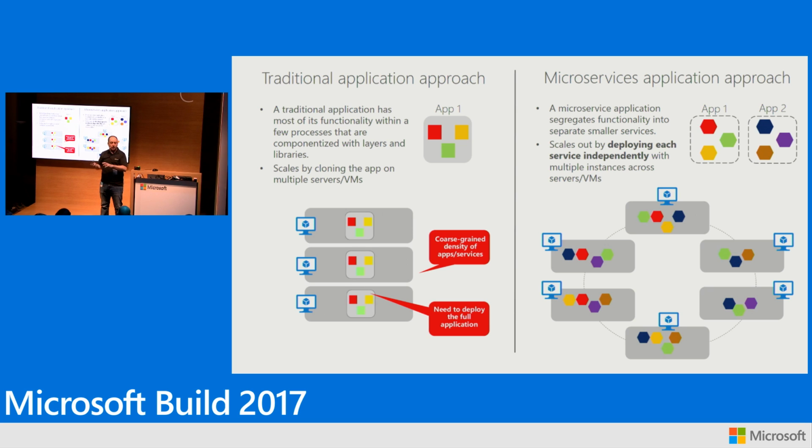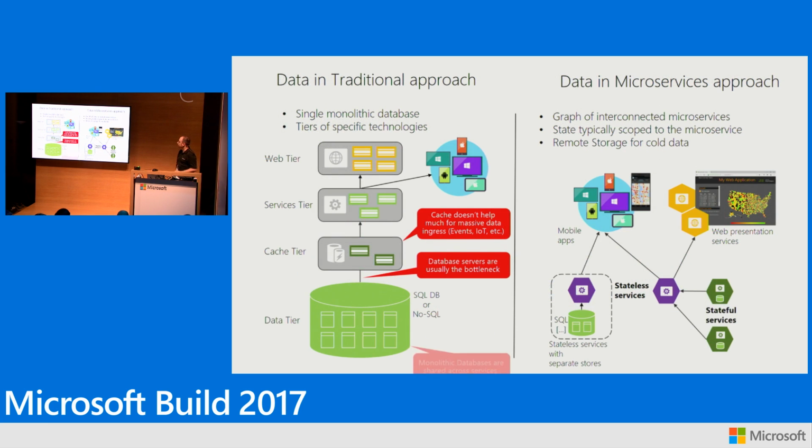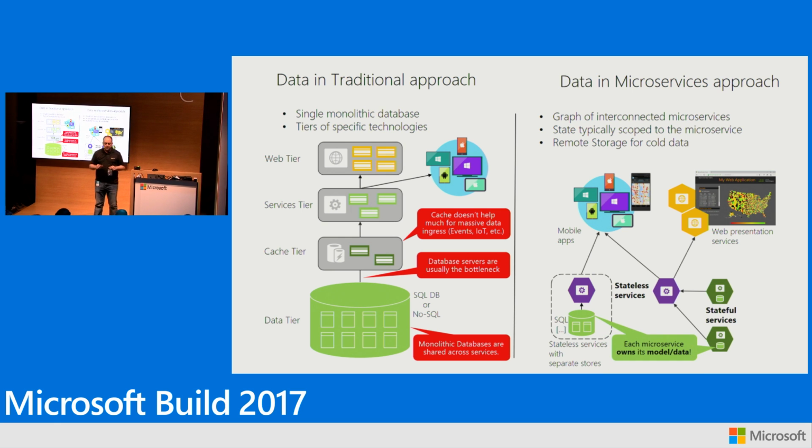Okay, but then you will have many other challenges as well that you need to be aware of. The next important thing about microservices is related to the data. Because the fact that you might be using services doesn't make you a microservice-based application.